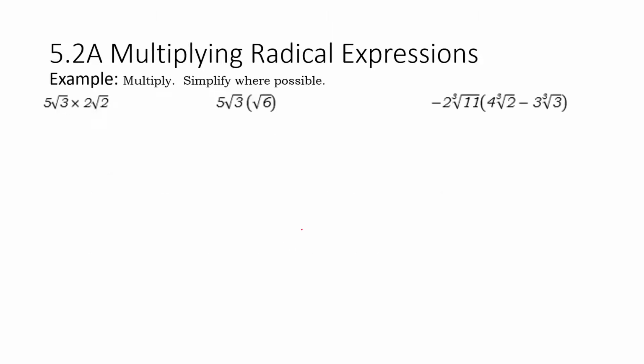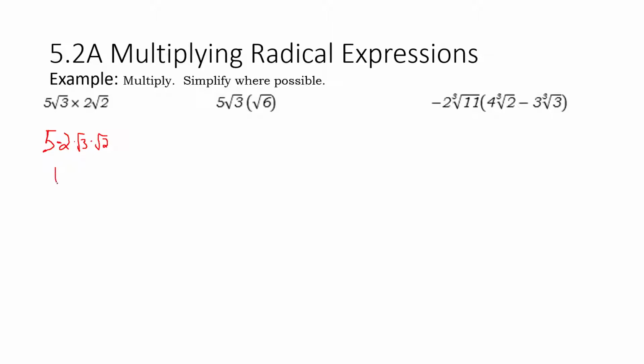So let's go into it. Multiplying, simplify where possible. So let's try this one. If we have 5 root 3 times 2 root 2, you multiply the two coefficients together, and we'll do all of the writing to start, and then times root 3 times root 2, and we'll eventually cut this down.